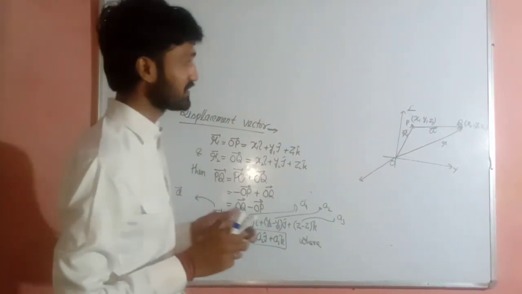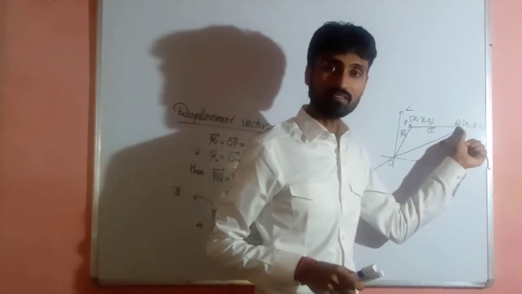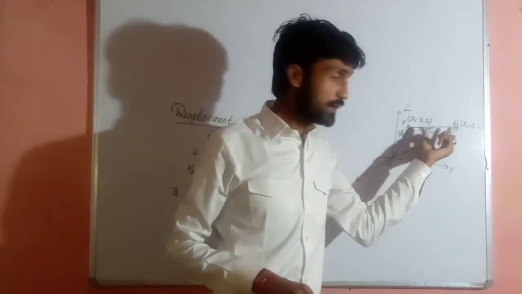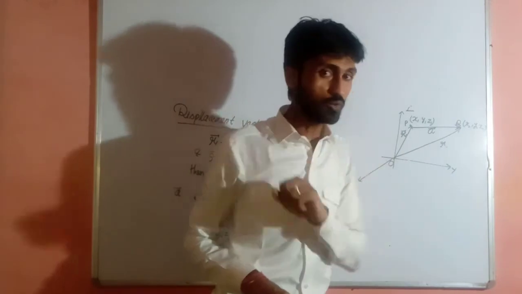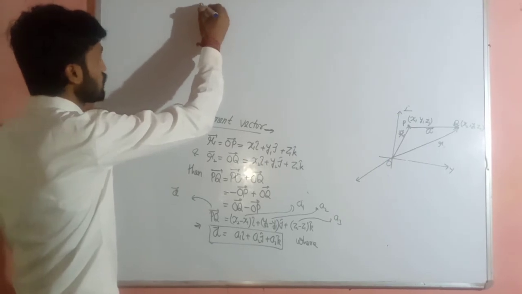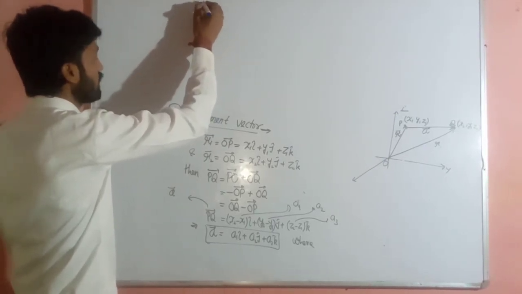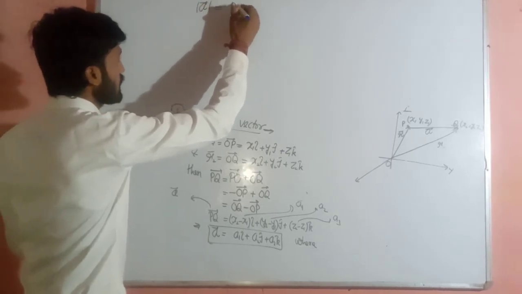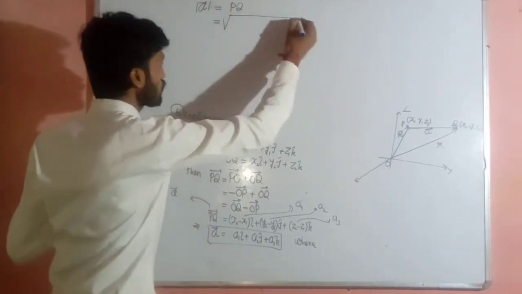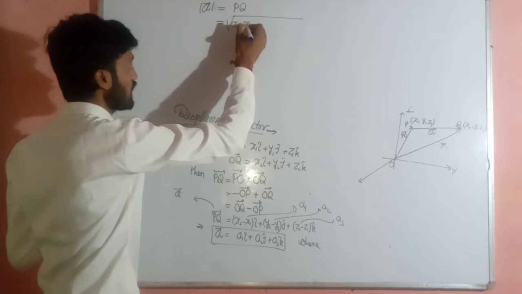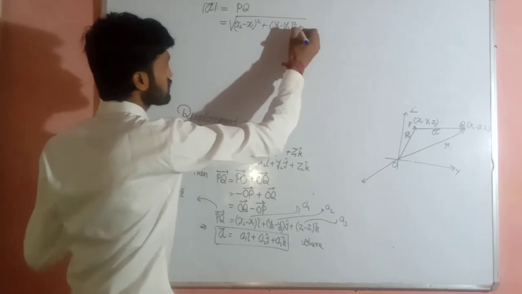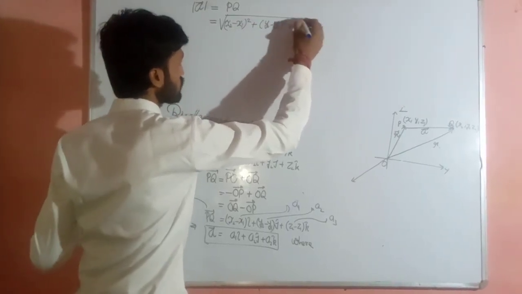You know very well about this: the magnitude of this vector is the length of this vector, and the length of this vector is the distance between the point P and Q. You know very well the formula of the distance between 2 points PQ, or magnitude of vector A equals PQ, which is the square root of (x2 minus x1) whole square plus (y2 minus y1) whole square plus (z2 minus z1) whole square.